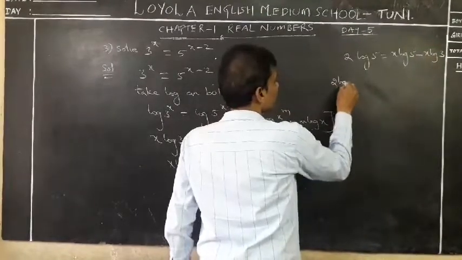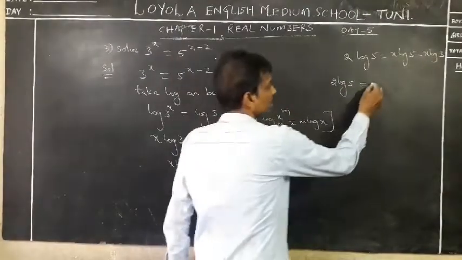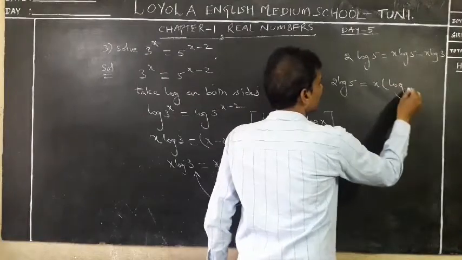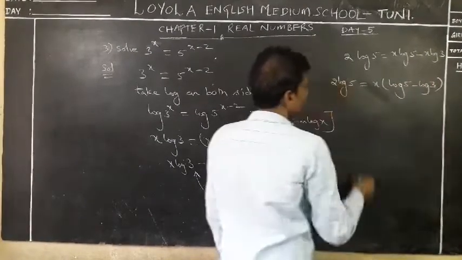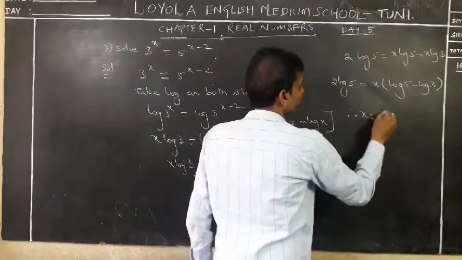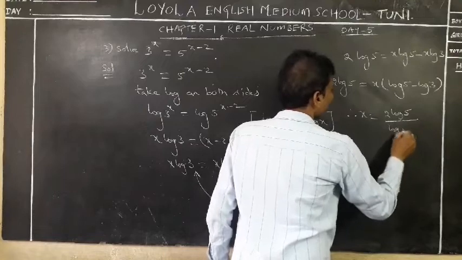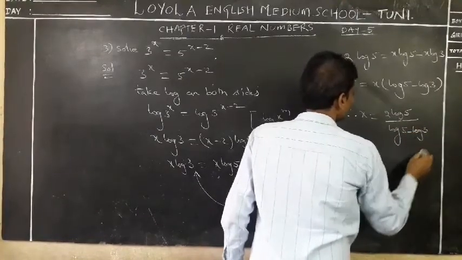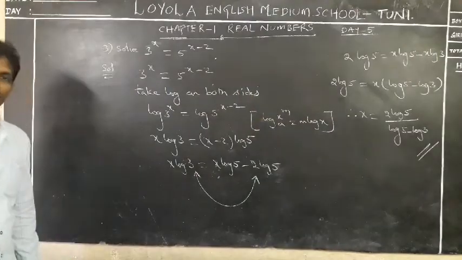So 2 times log 5 is equal to, can we take x common? Yes, x common, (log 5 minus log 3). So therefore the value of x is 2 log 5 divided by (log 5 minus log 3). So this is the value of x.